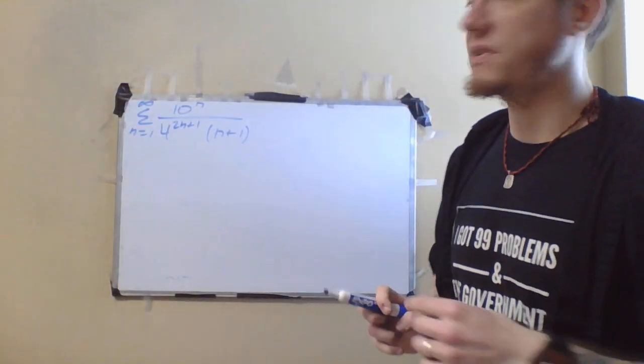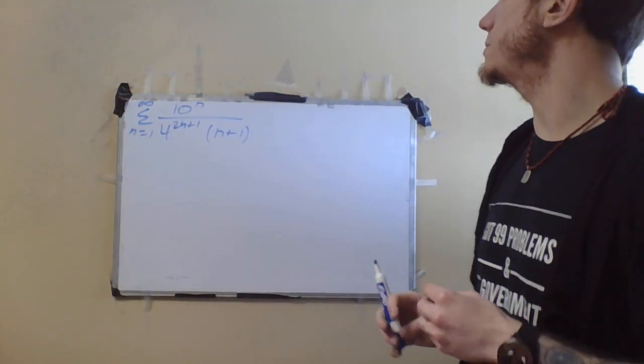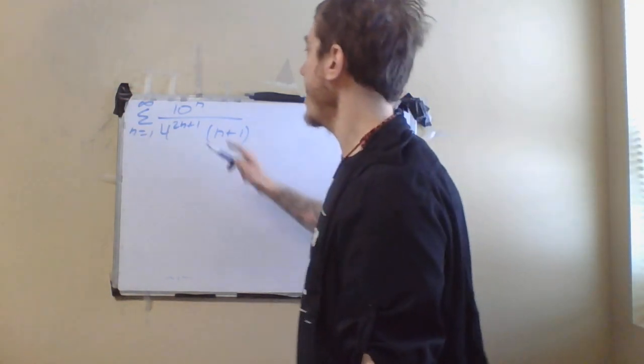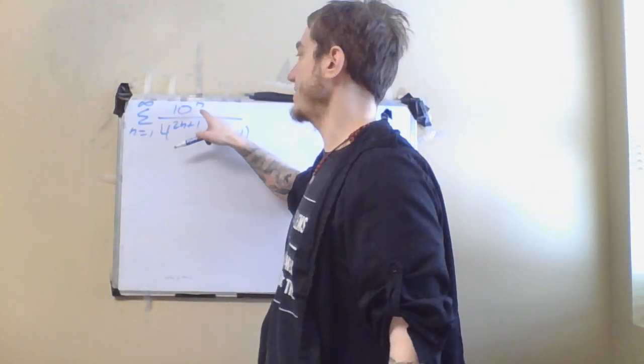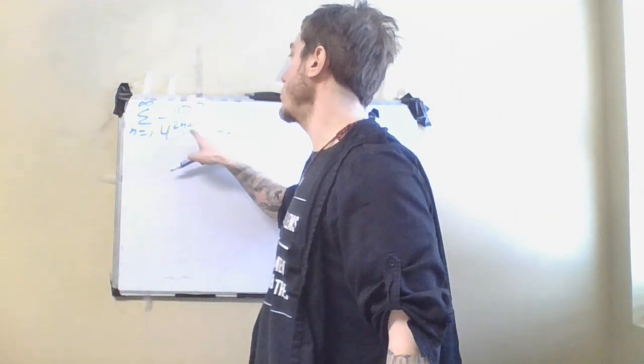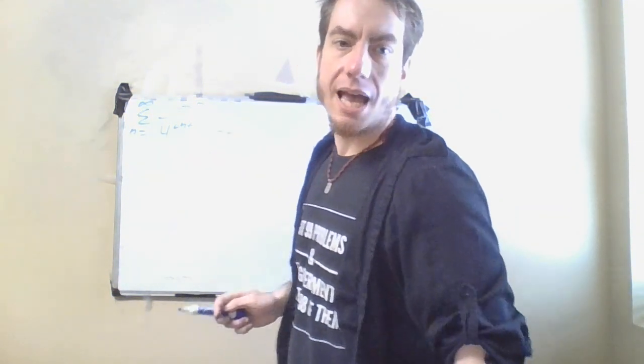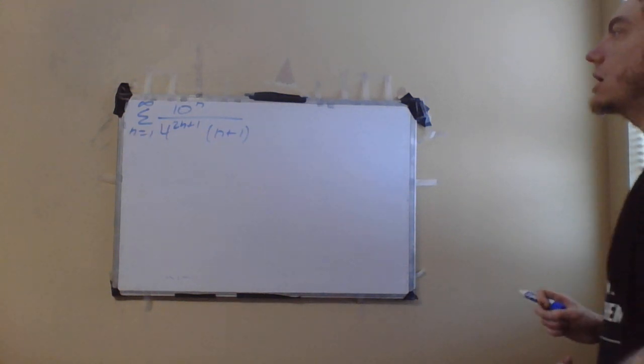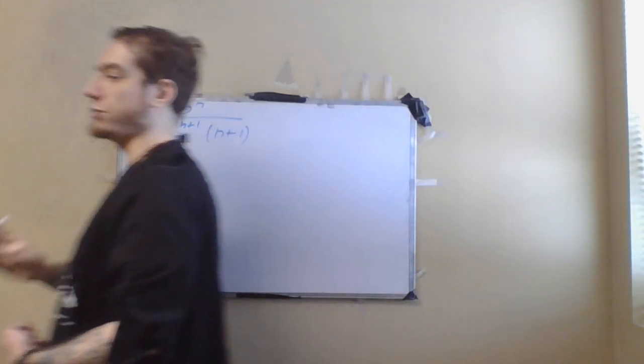The reason I kind of expect this thing to converge is because on the top, I have an exponential whose power is n. On the bottom, I have an exponential whose power is 2n plus 1. And in some sense, that exponential with a power of 2n plus 1 is going to grow way faster than something that's an exponential with just a power of n.